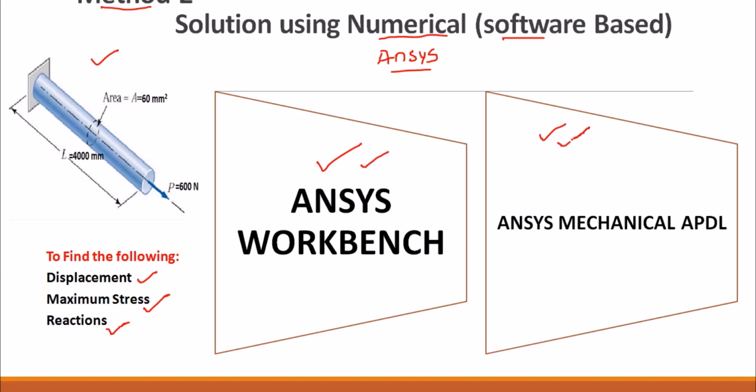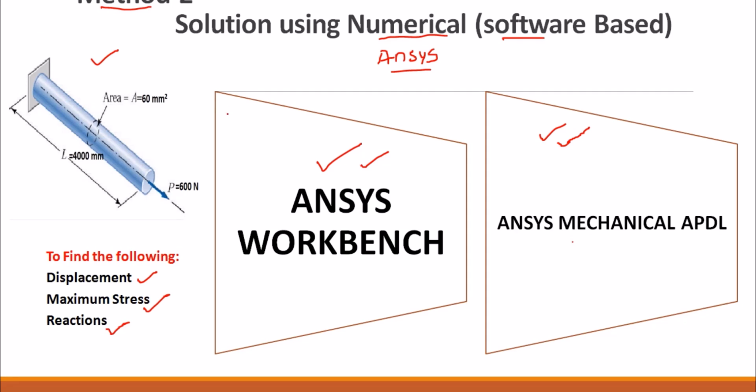Now when we see each of these software modules, if I follow Ansys Workbench, the first step, I need to create a model. For that, Ansys Workbench has its own designer module, where you model it. Then you need to specify the material property, Young's modulus, so steel.